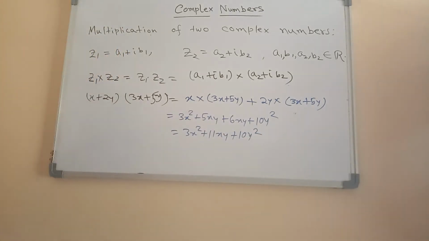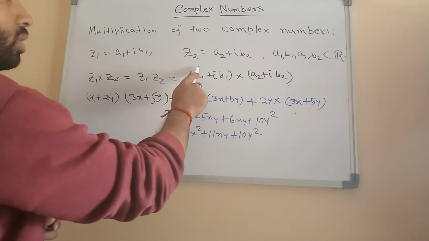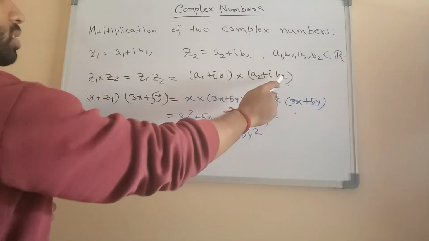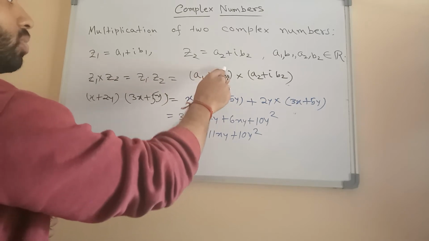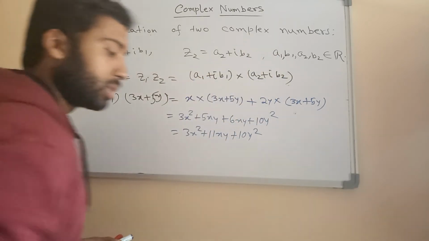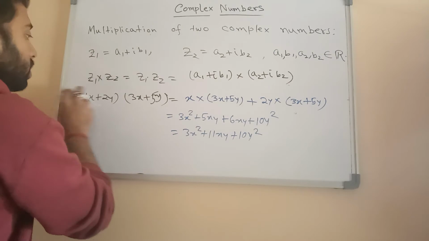The same rule will apply in the case of complex numbers also. That means here we will first multiply a1 plus ib1 into this complex number again. So let's do it.